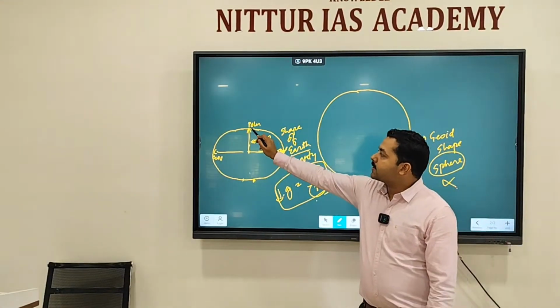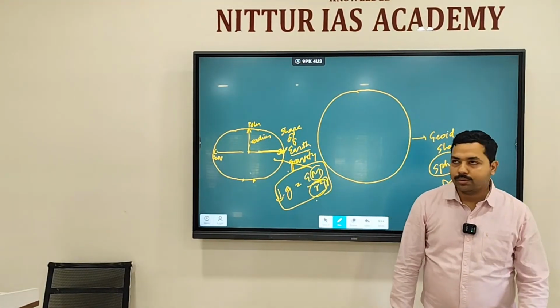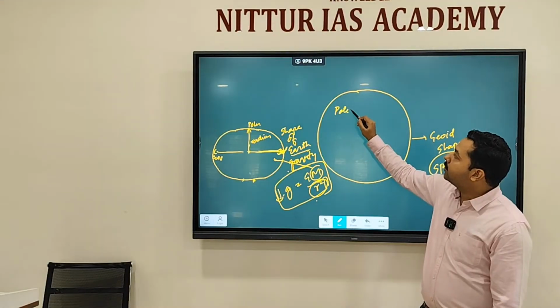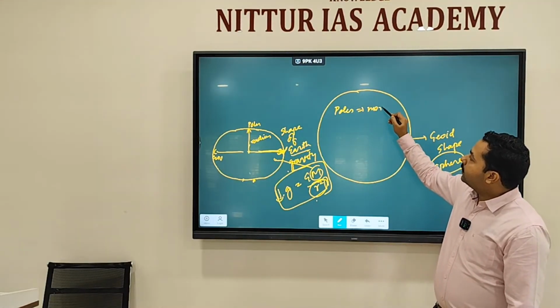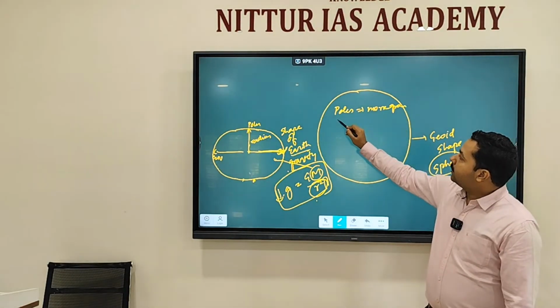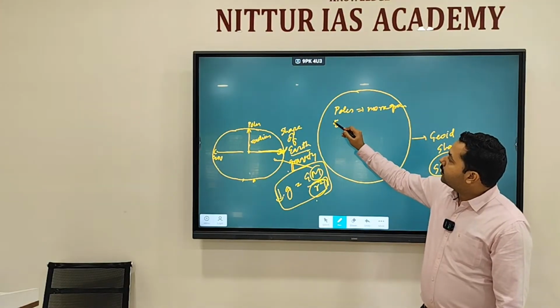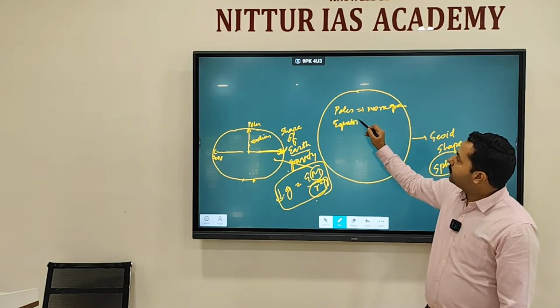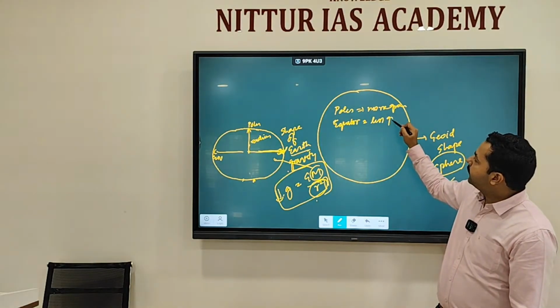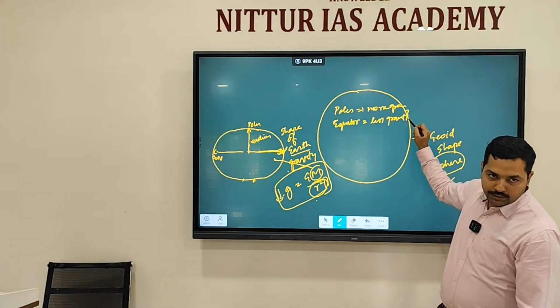If the radius is less, gravity is going to be more. So at the poles you are going to see more gravity, and at the equator you are going to see less gravity. Clear?